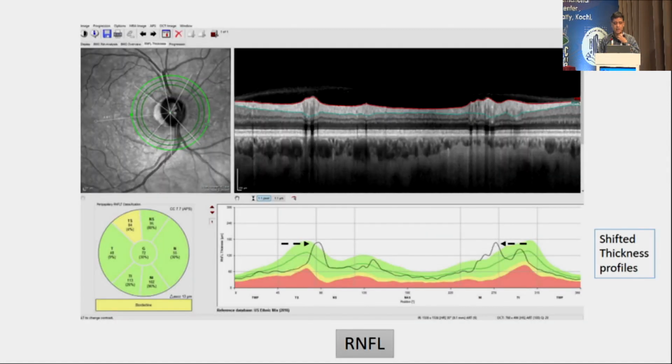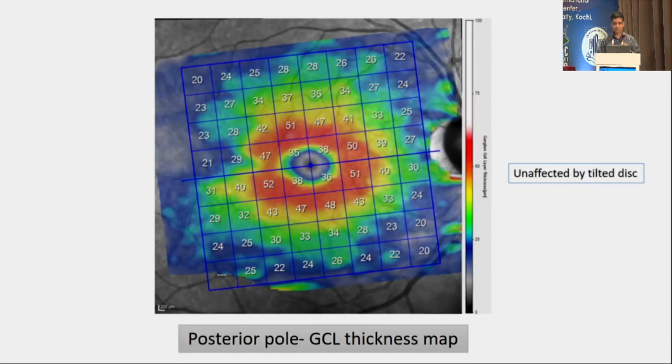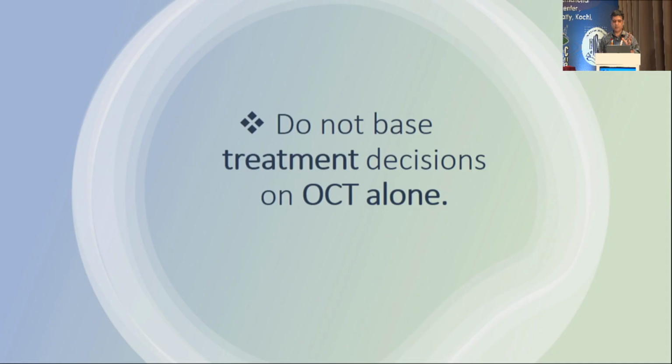And if you look at the RNFL again, you can see the thickness profiles have been shifted on either side compared to the normative database. Here, one thing that is relatively unaffected by the tilted disc itself is the macular GCL, posterior pole GCL thickness, but it will be affected by myopia. So high degrees of myopia will affect the macular GCL analysis also, but it's generally unaffected by tilted disc.